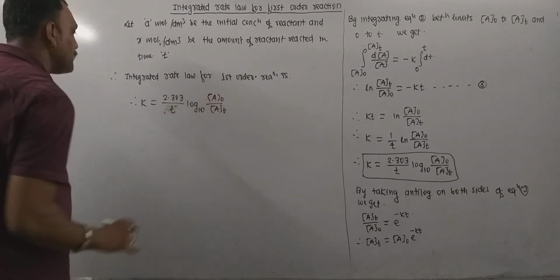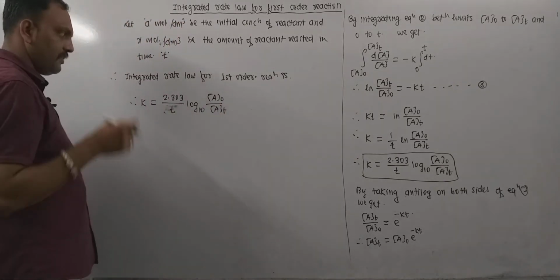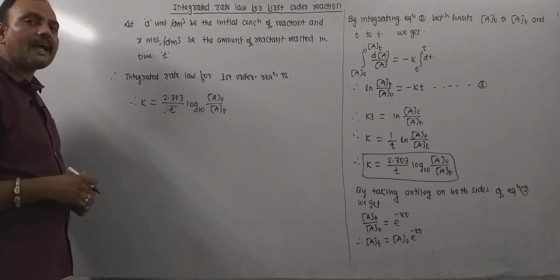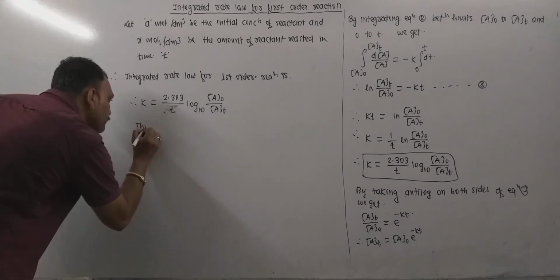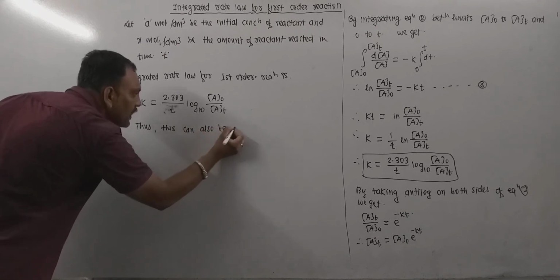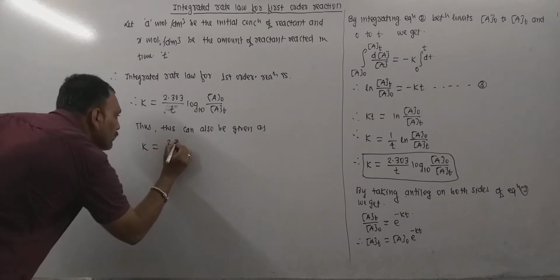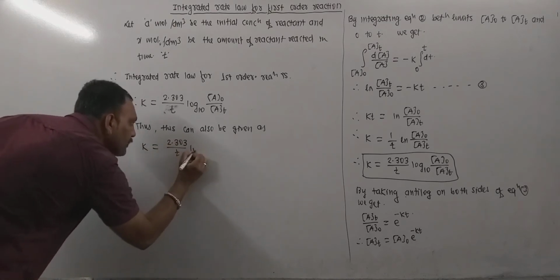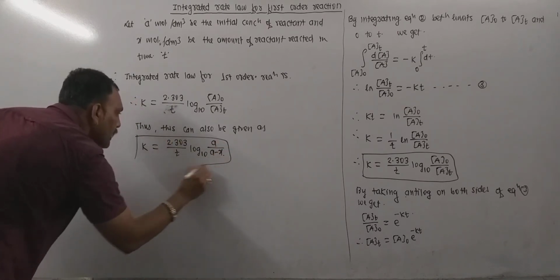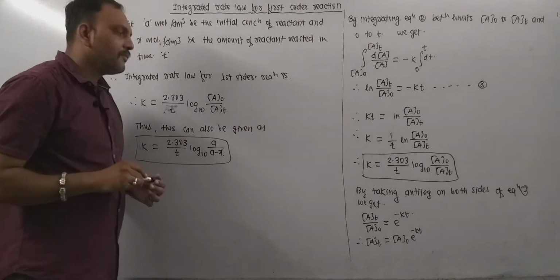So instead of these, one can put initial concentration as a mole per liter and the concentration of reactant which remained unreacted after time t as a minus x. Thus k equals 2.303 by t log base 10 a upon a minus x. So this is another form of integrated rate law for first order reaction.